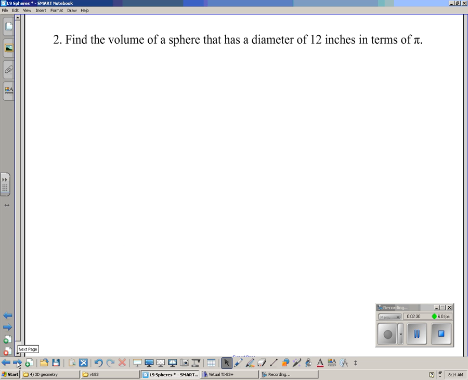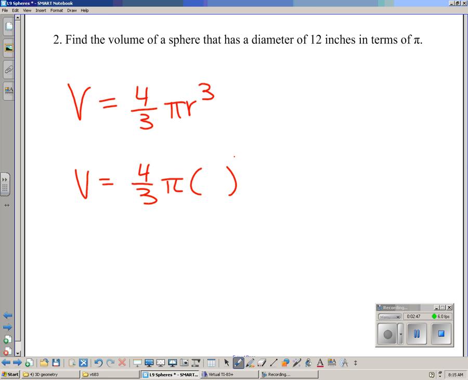All right, number 2 says find the volume of a sphere that has a diameter of 12 inches in terms of pi. First, we're going to write down the volume formula, which is 4/3 pi r cubed. The formula calls for the radius, and if the diameter is 12, the radius is half that, so that's 6.